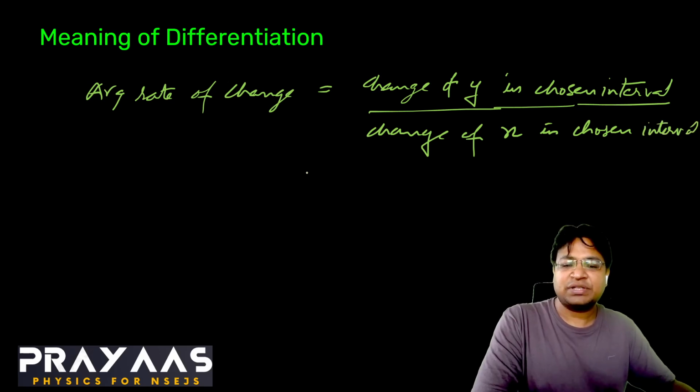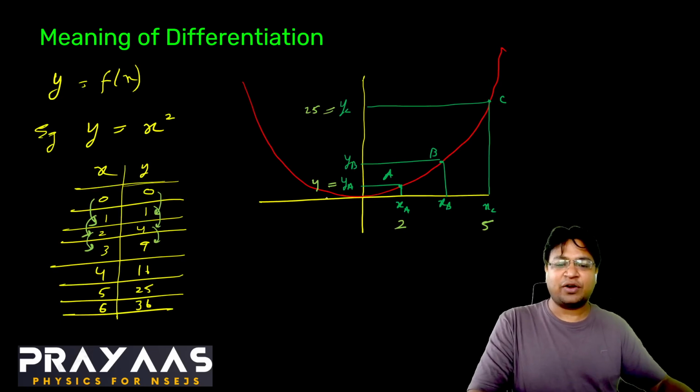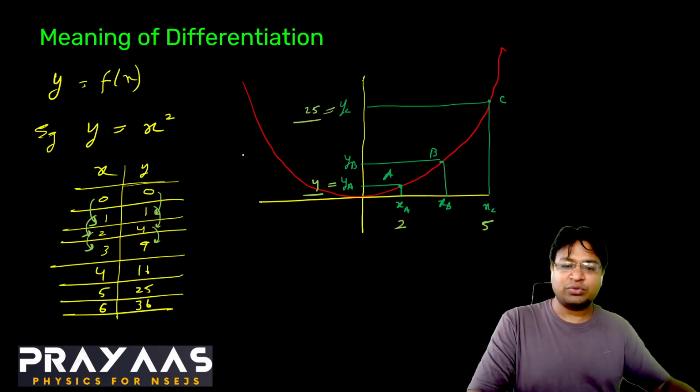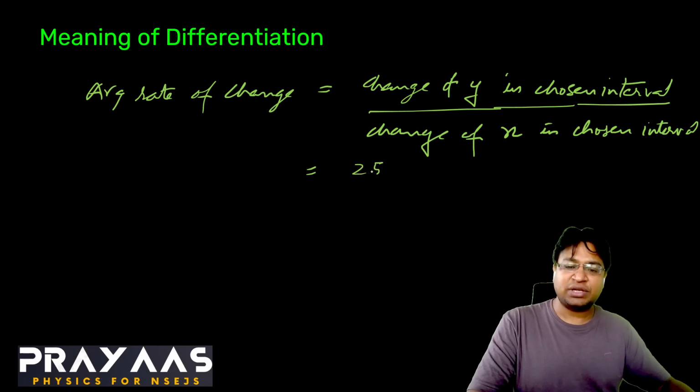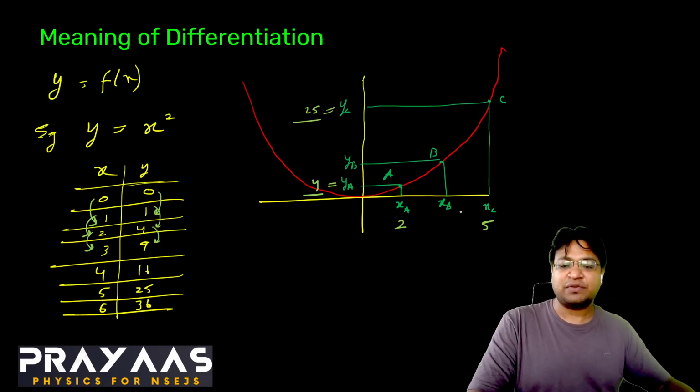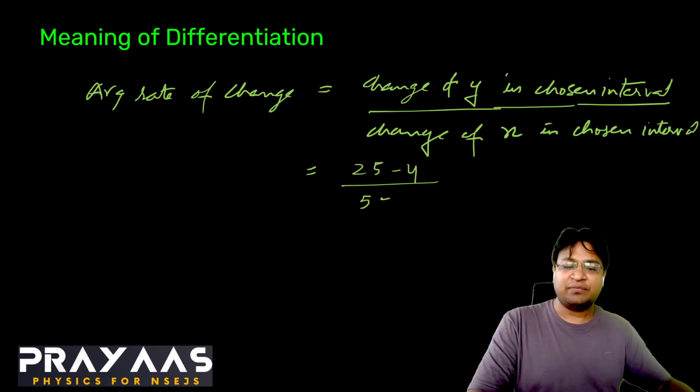In our previous example, y changed from 4 to 25, so the change in y is 25 minus 4. The corresponding change in x is 5 minus 2, since x changed from 2 to 5. So the rate of change would be 21 by 3, which is 7 units.